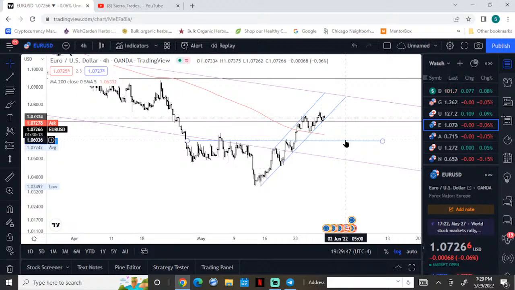So price is currently right at this 4 hour trend line and right at this purple weekly support and resistance zone.